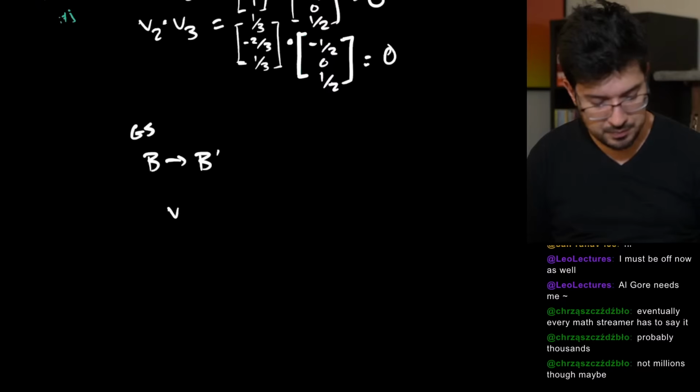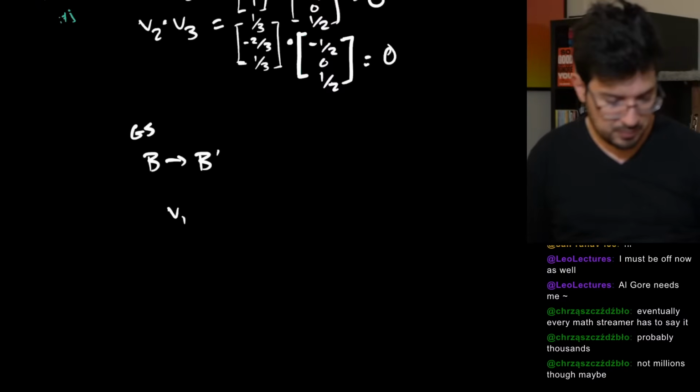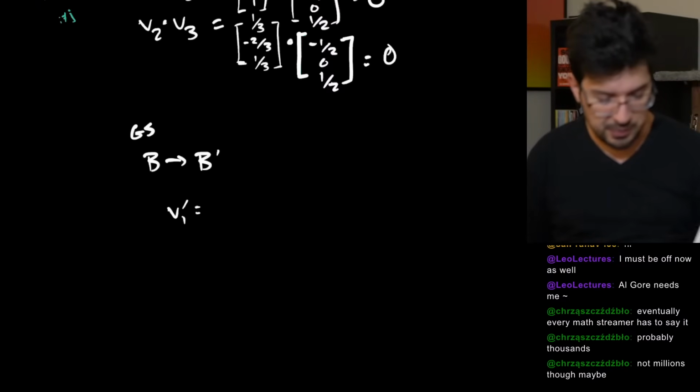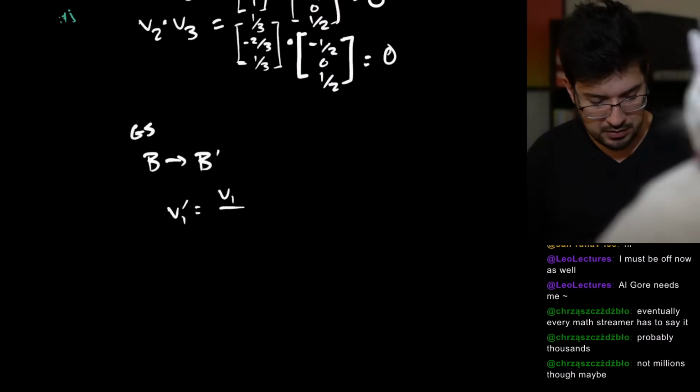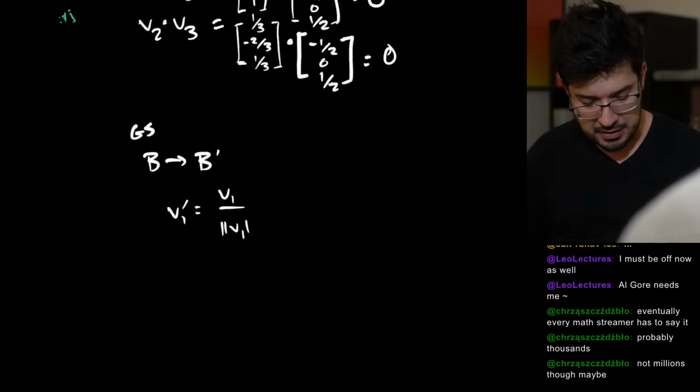So v1 prime, or something, is v1 divided by the length of v1.